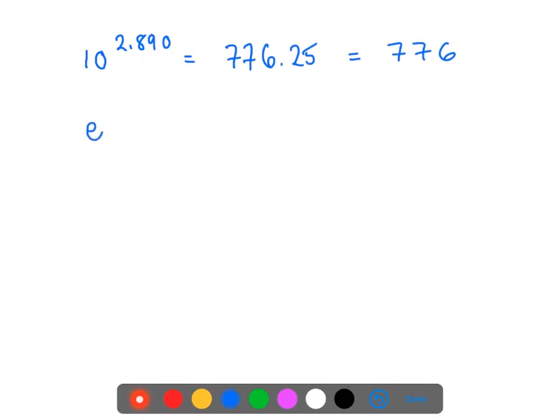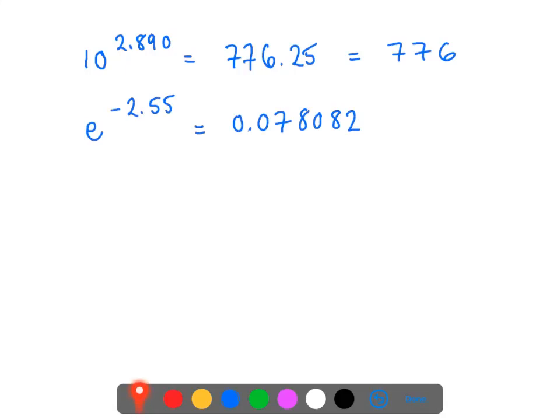So if you have e to the minus 2.55, if we were to calculate that, we would end up with a string of numbers of 0.078082.